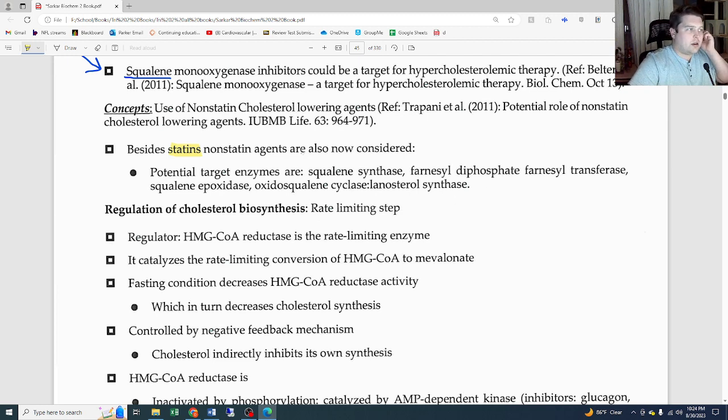I would recommend for his exams knowing a handful of these, specifically squalene synthase. I remember that he likes to ask questions specifically about that, and also make sure that you know what a statin versus a non-statin agent is.